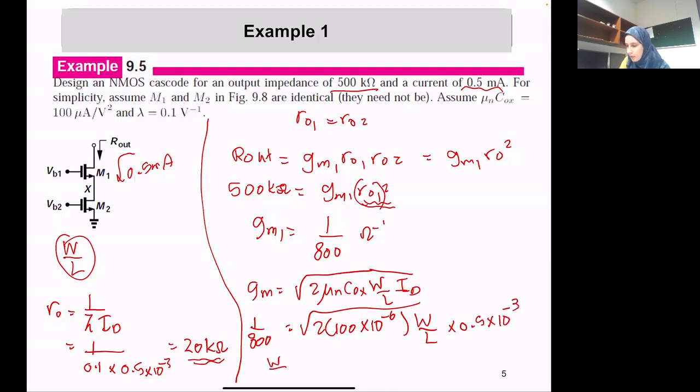From here, we get W over L after doing the math.